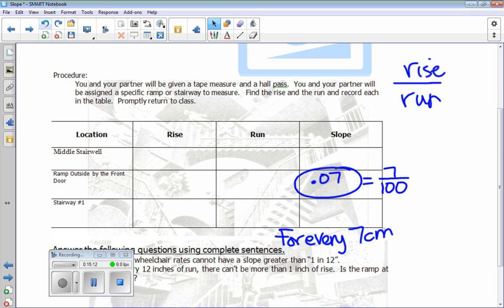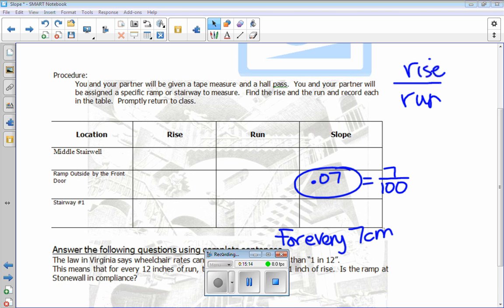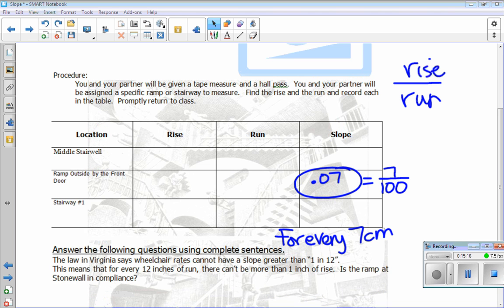Down here, I can't even show you anymore, but you're going to answer this question using complete sentences. Virginia's law says wheelchair ramps cannot be greater than 1 in 12. Has Virginia, or Stonewall Jackson, met code? You have to answer that question yourself.